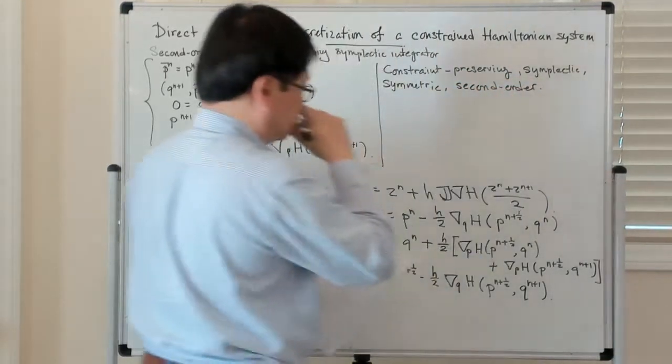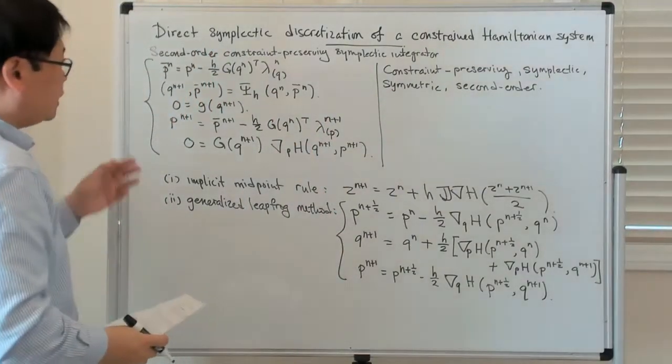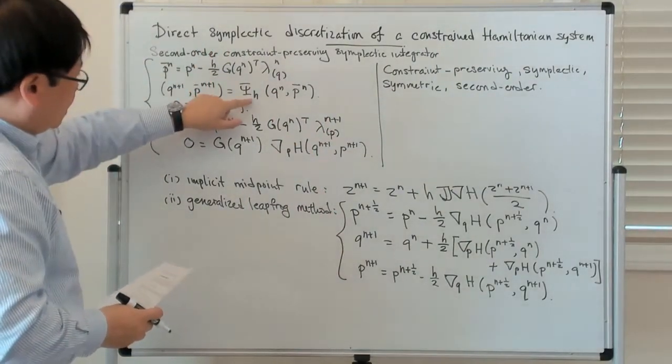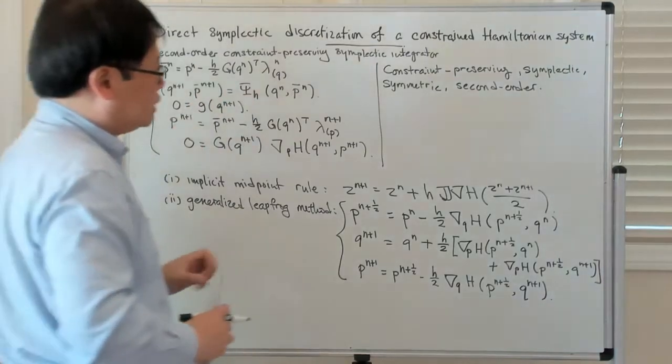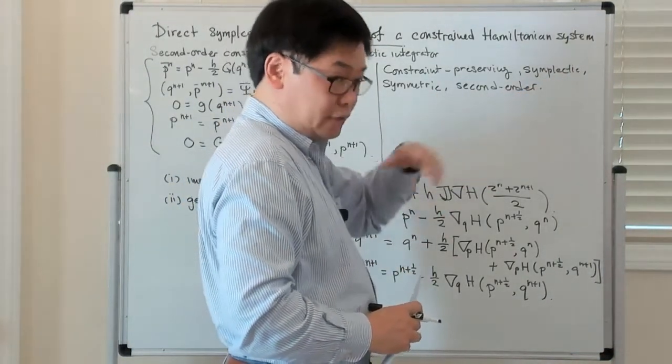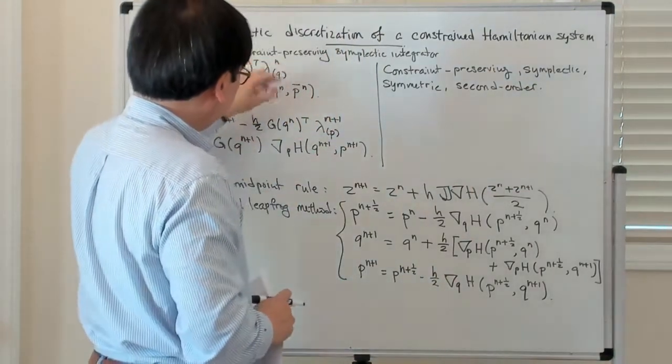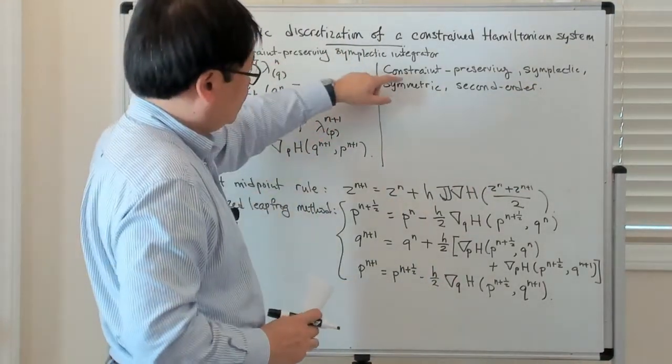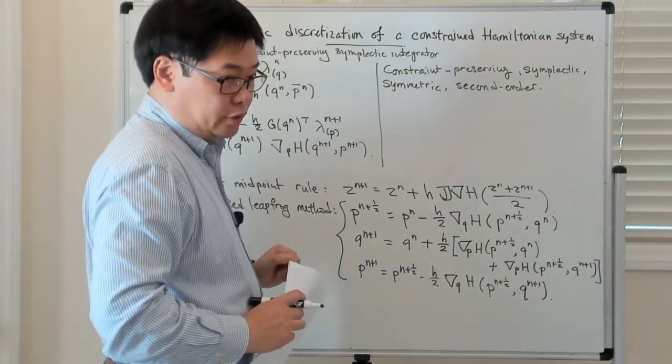In some sense, what it does is take some underlying psi h, which is a one-step method that is symplectic, symmetric, and second order. So it retains all those properties, but by this appropriate correction, it also makes it constraint respecting.